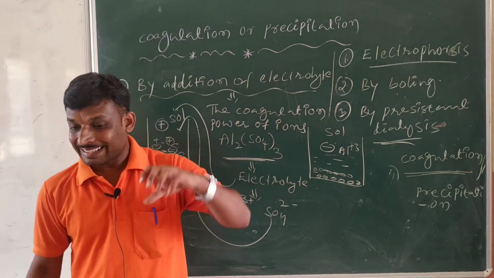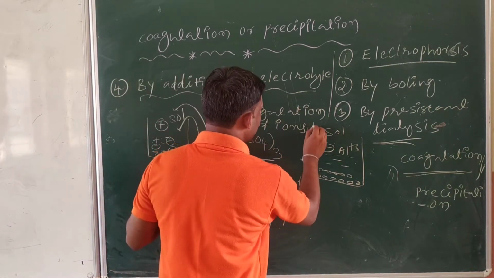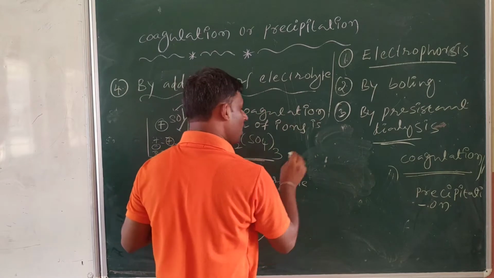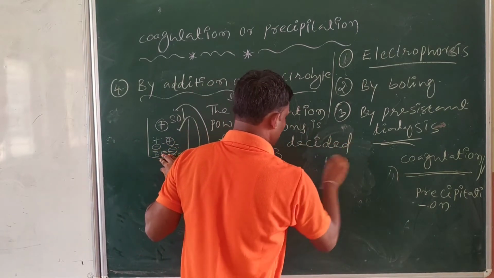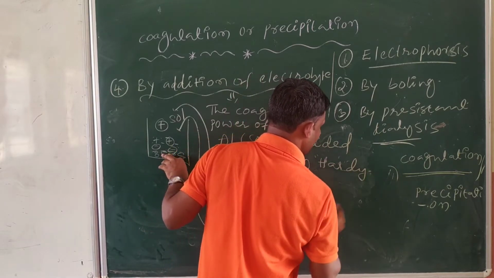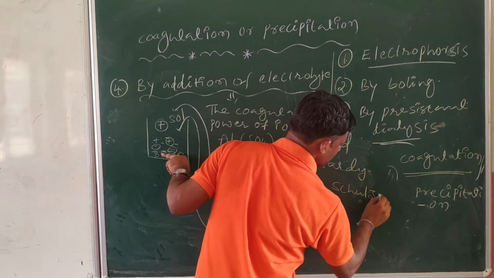The power of ions is decided by the Hardy-Schulze method or law.